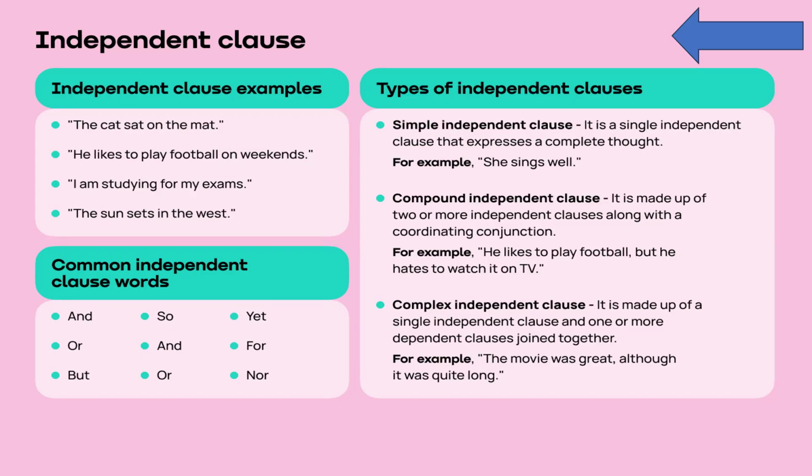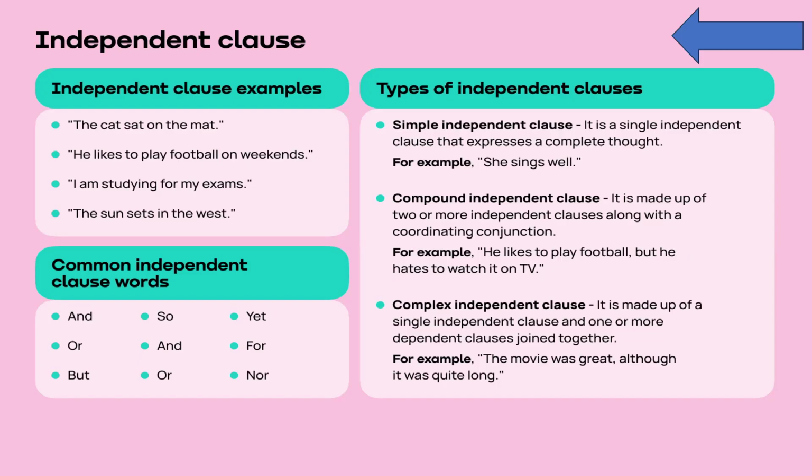He hates to watch it on TV is also an independent clause, and it is connected with a connector, and that connector is a coordinative conjunction, FANBOYS: but. So compound independent clauses are made up of two or more independent clauses along with a coordinative conjunction.